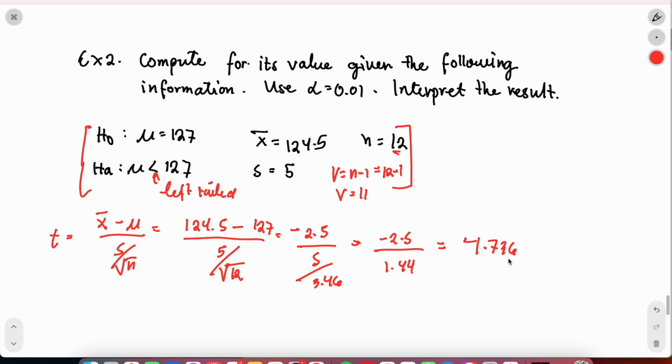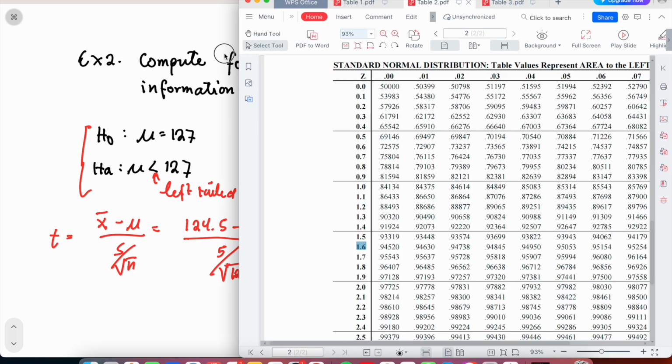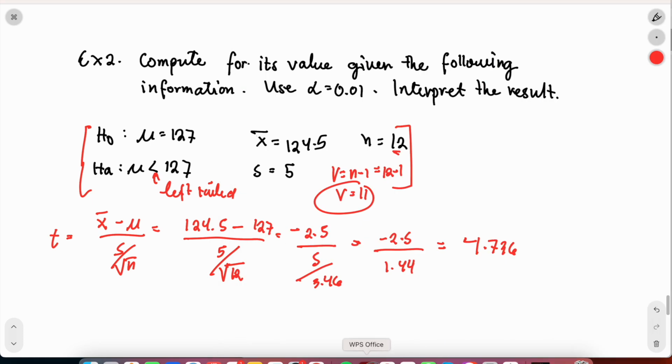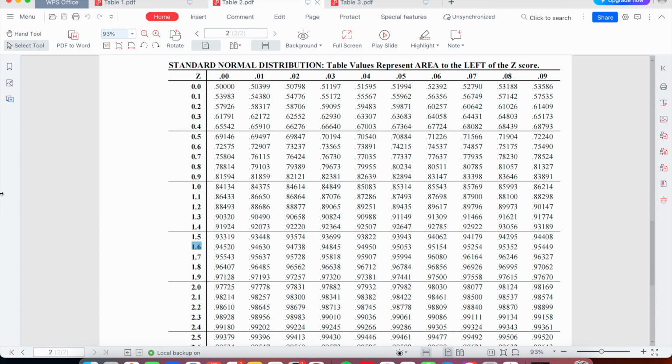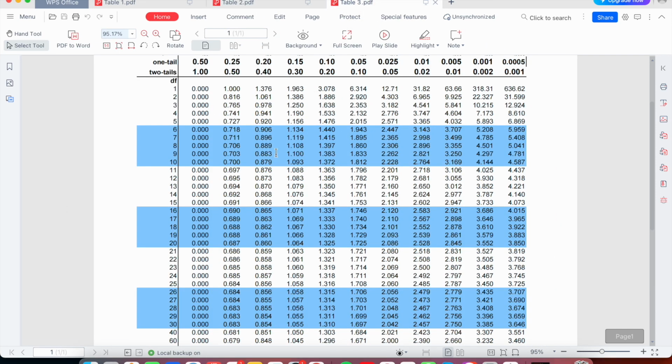Okay, so unlike in the z table, guys, you can actually find it easier in the t table because we have the degrees of freedom 11. So if you have your t table with you, we can easily look for the t critical values.